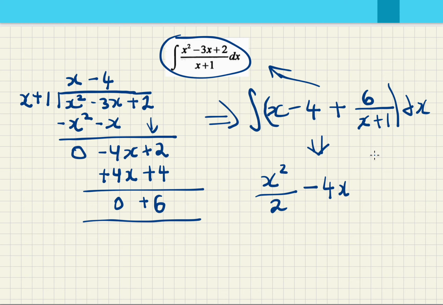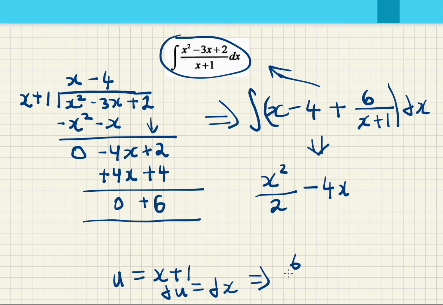We can't use the power rule directly, but if you do a simple u substitution, u equals x plus 1 and du equals dx, we can replace x plus 1 with u.